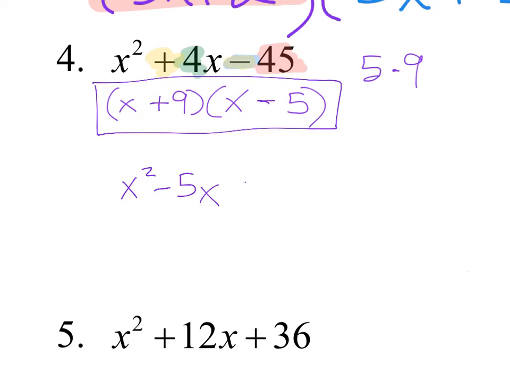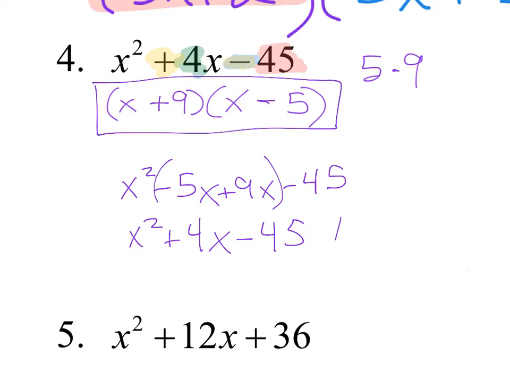Inner, 9x, and lasts. So that's the plus 9 times the negative 5 gives me negative 45. I have to simplify this, so I put those two together, and I get x squared plus 4x minus 45. Sure enough, that's what I started with.